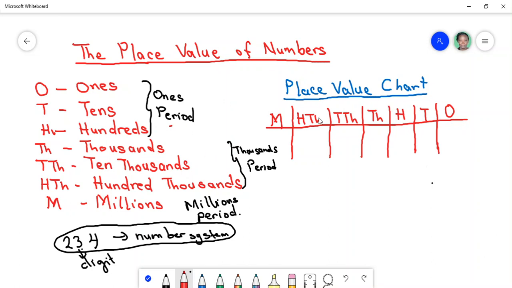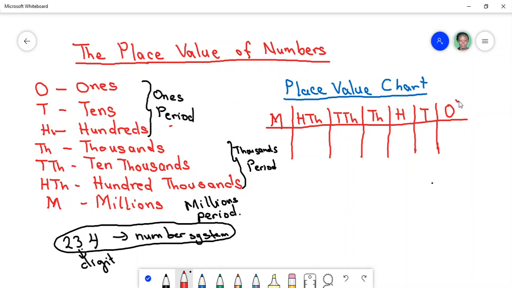For the place value chart, we have the ones, the tens, the hundreds, thousands, 10,000s, 100,000s, millions, 10 millions, 100 millions, and on and on. So this is the chart I have.